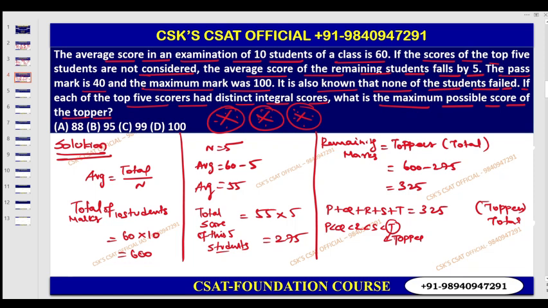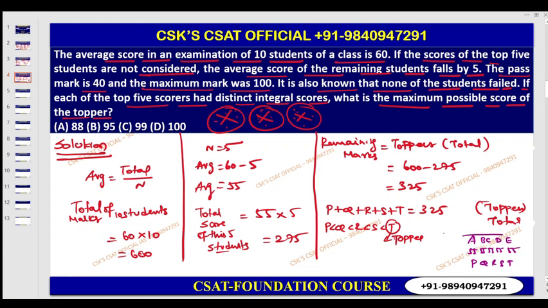Now try to understand here. Let us fix all the remaining 5 students' marks as 55 minimum, because n is equal to 5 and the average is 55, so the total is 275. Let us take A, B, C, D, E, and then P, Q, R, S, T. Let us take these persons as 55, 55, 55, 55, 55.